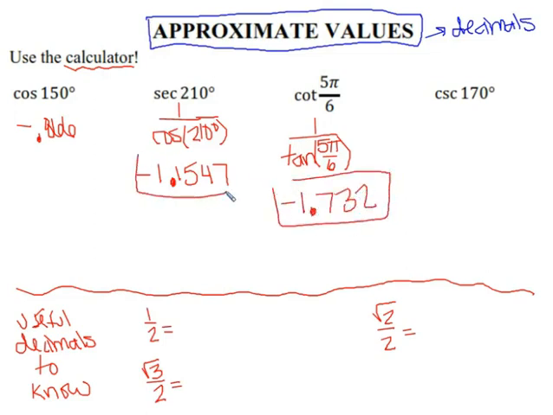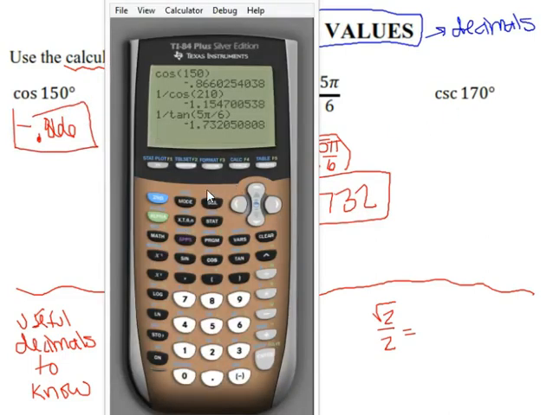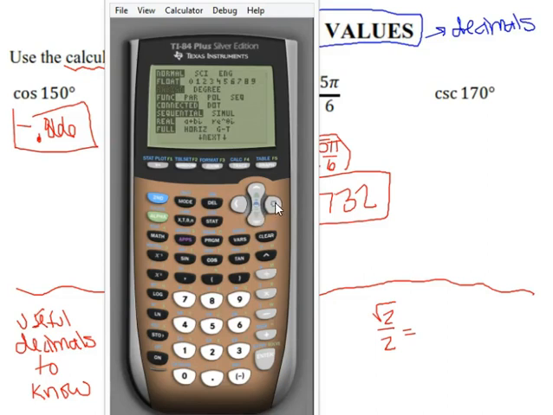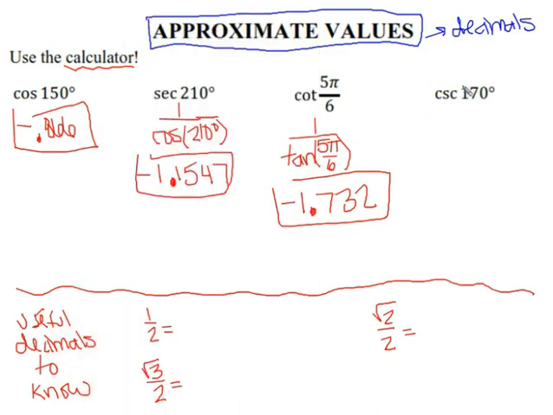There we go. Now, if you look at the last one, we're kind of back in degrees, so we got to make sure our calculator fits that example. So back to mode, and we got to go over to degree and select that. I don't know why my calculator's so slow. Kind of got a mind of its own today. All right, again, but cosecant right here is not one of our regular trig functions, so we got to write it as 1 over sine of 170 degrees.